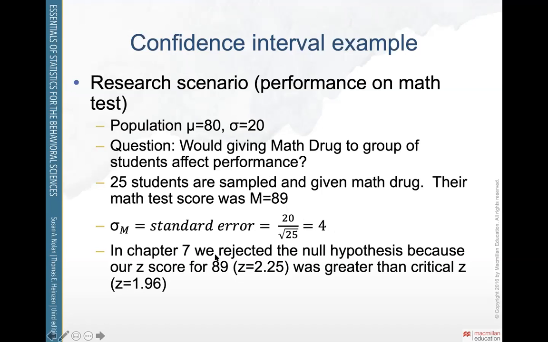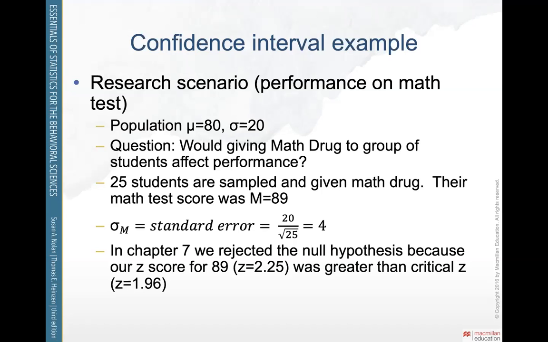When we did this hypothesis test back in chapter 7, we rejected the null hypothesis because for the sample mean of 89, the z-score that corresponded to that, 2.25, was greater than the critical z of 1.96. 2.25 was greater than 1.96. Therefore, we rejected the null hypothesis. We concluded that giving math drug to people had a significant effect on their math performance such that it increased their math performance.